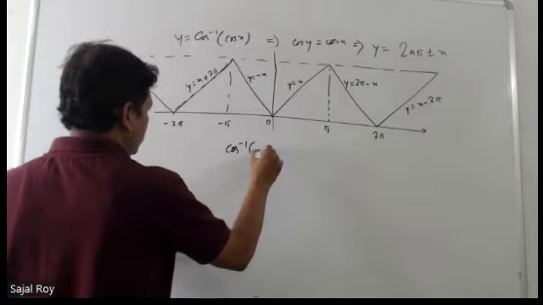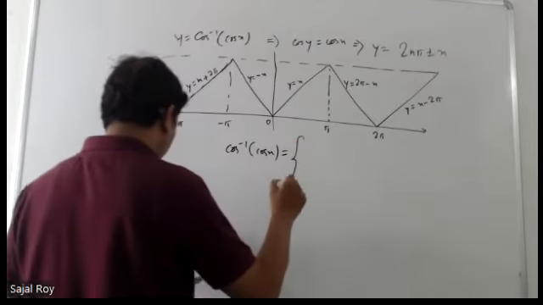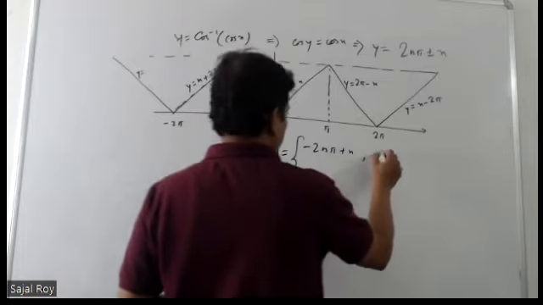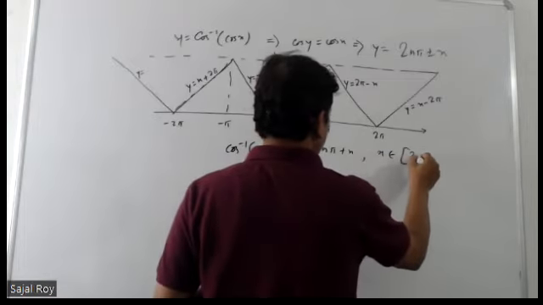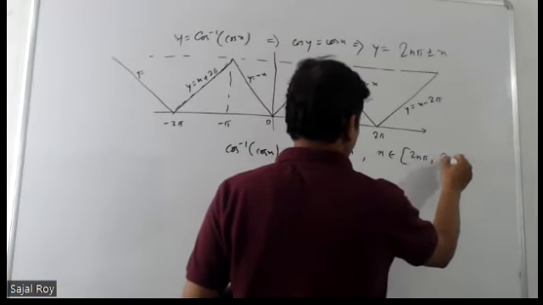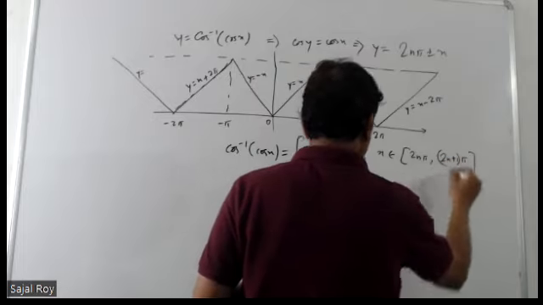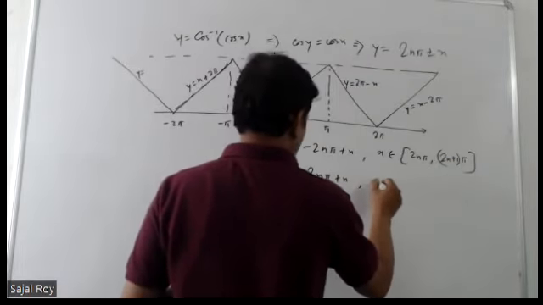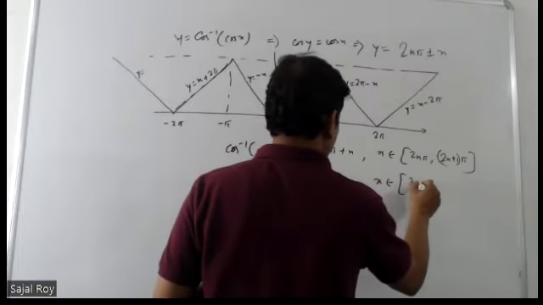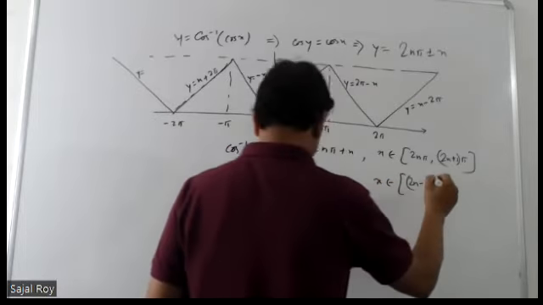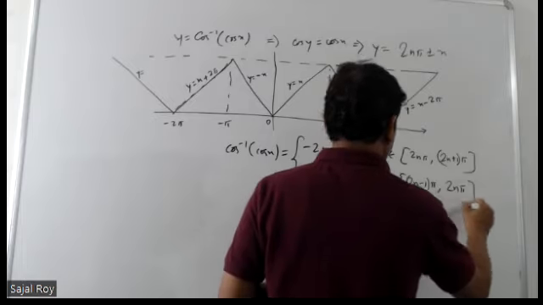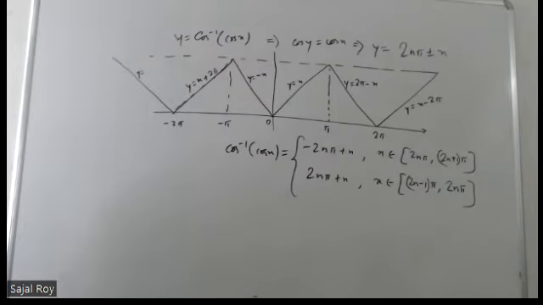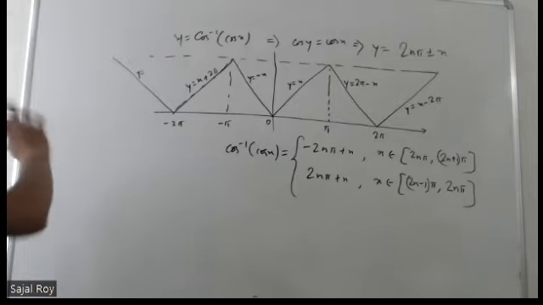Cos inverse cos x, if you want to write it in a compact form, that is 2n pi plus x, where x belongs to 2n pi to 2n plus 1 into pi, and 2n pi minus x, where x belongs to 2n minus 1 into pi to 2n pi. n belongs to the integers. This is the compact form of whatever you have drawn.